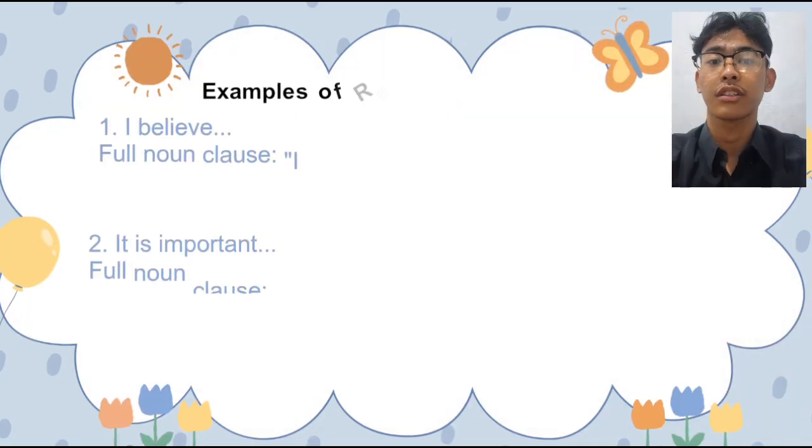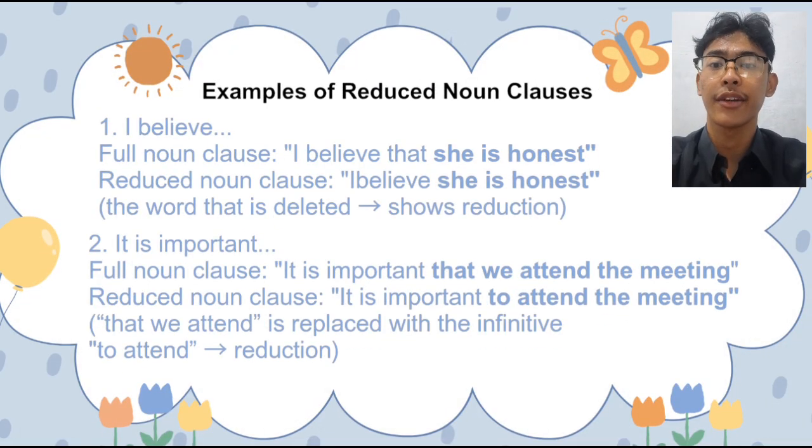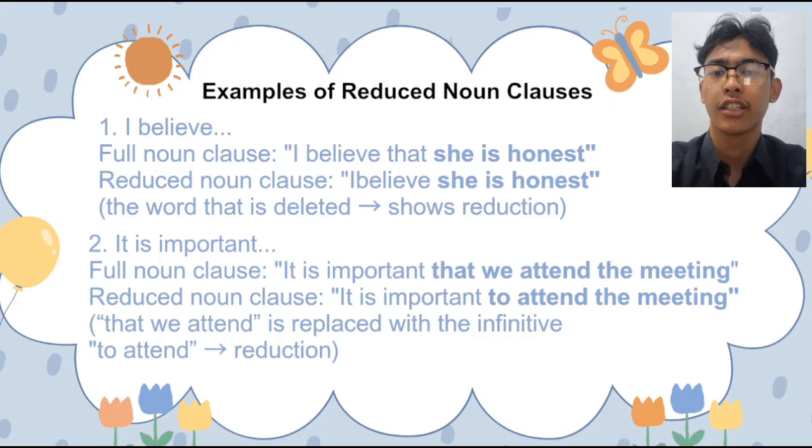Example of reduced noun clause 1. Full noun clause: I believe that this is honesty. Reduced noun clause: I believe this is honesty. The word that is deleted, so it is a reduction. Number 2.